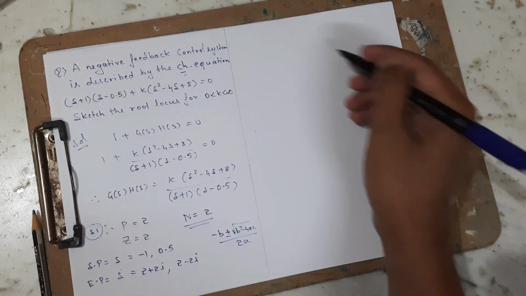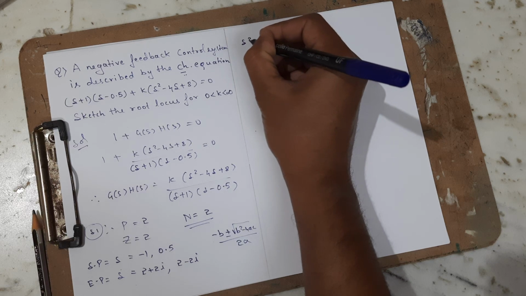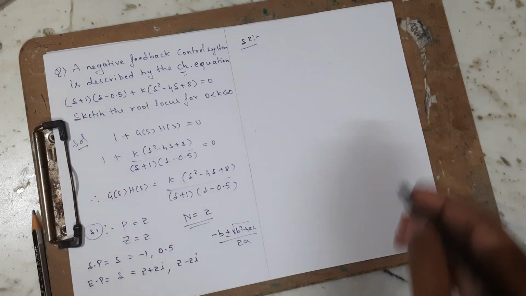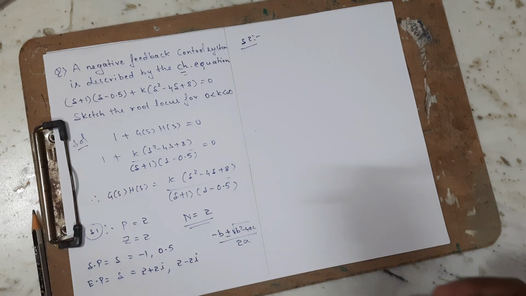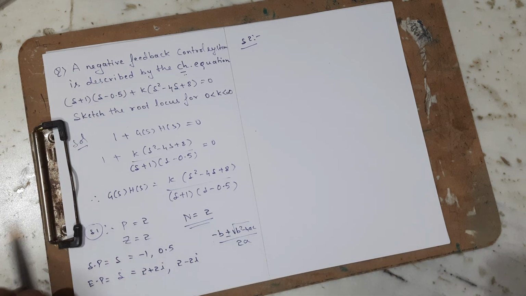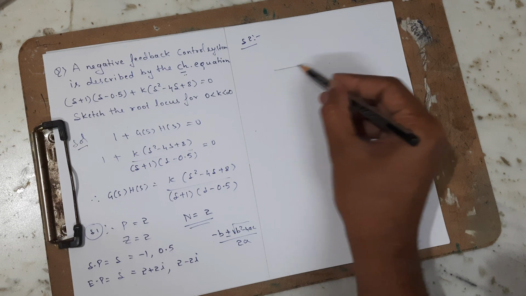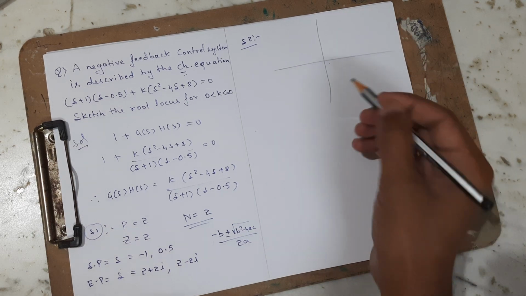Next, step number 2, to predict the root locus on the real axis. For that we are going to draw the pole-zero plot like this.